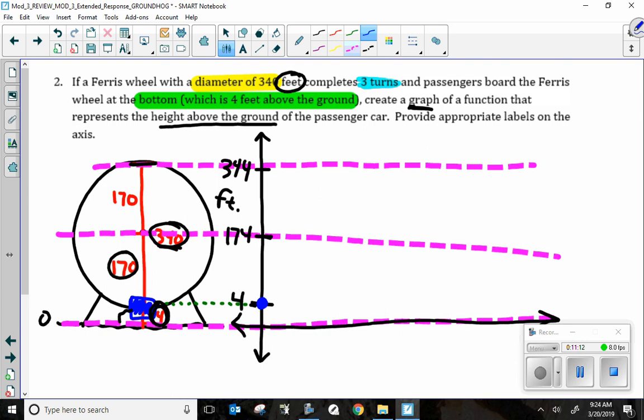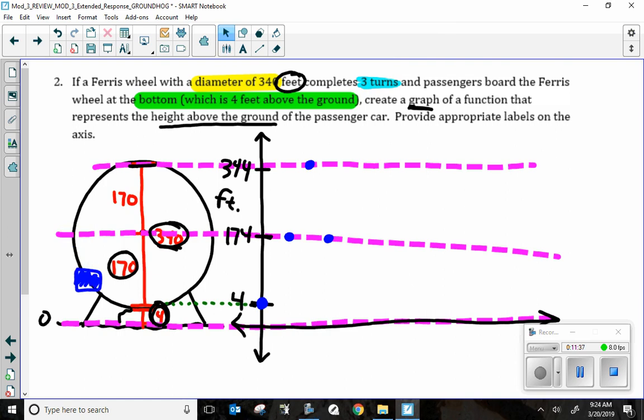I am going to go to my midline next. That's the next point. Then I go to my high point a little bit later. Then I come back to the midline.